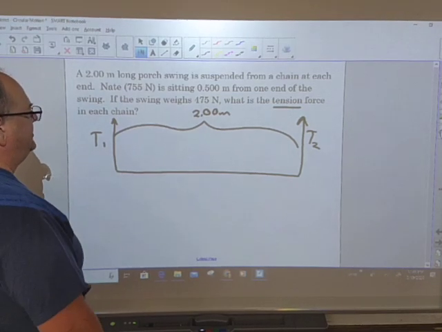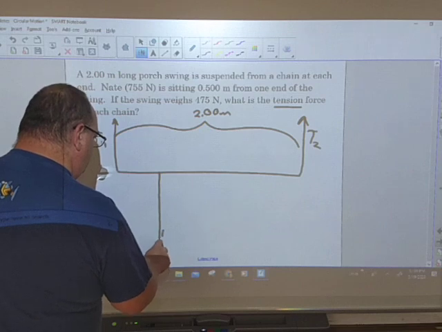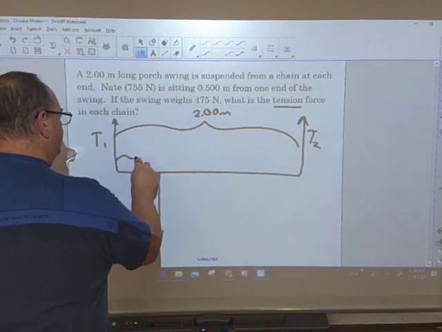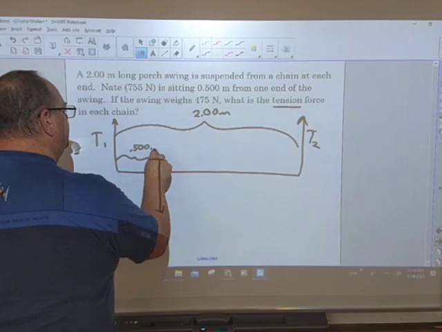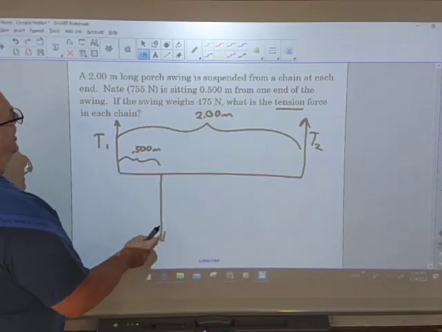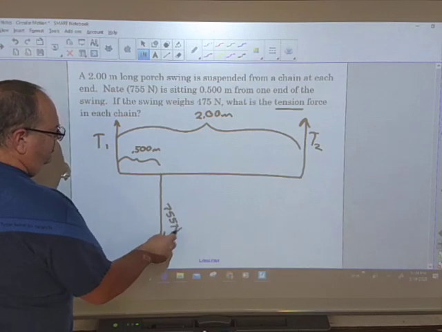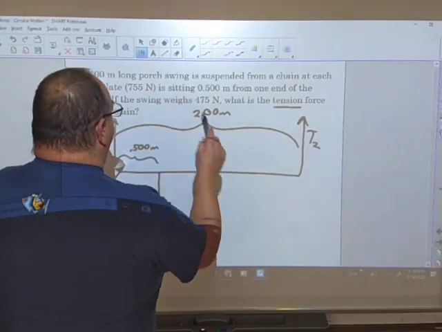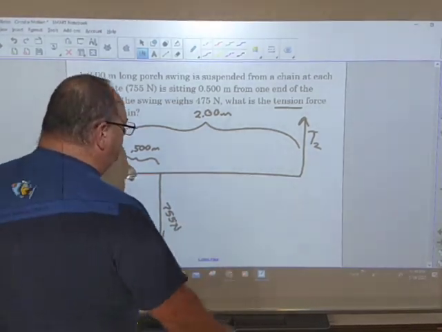Okay, Nate is sitting 0.500 meters from one end, and he has a weight of 755 newtons. And the weight of the swing, we're not told anything else, so I'm guessing it's a uniform swing.